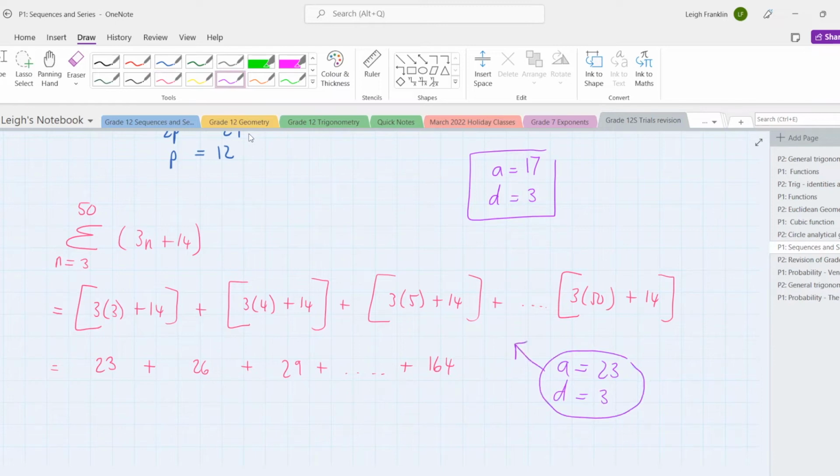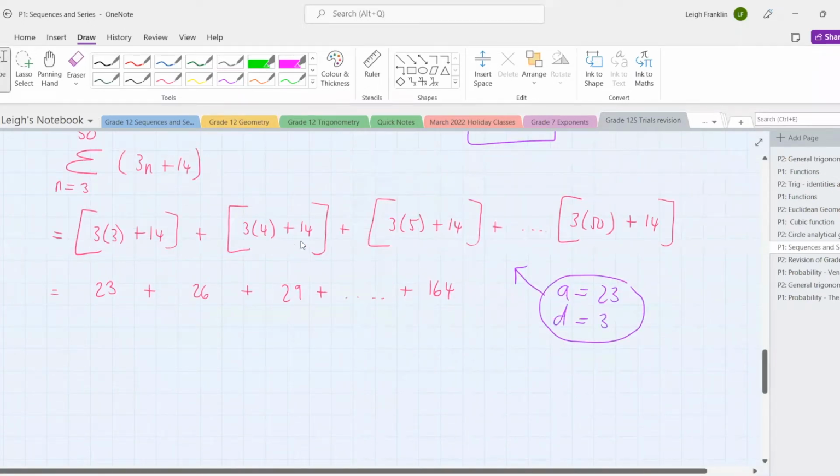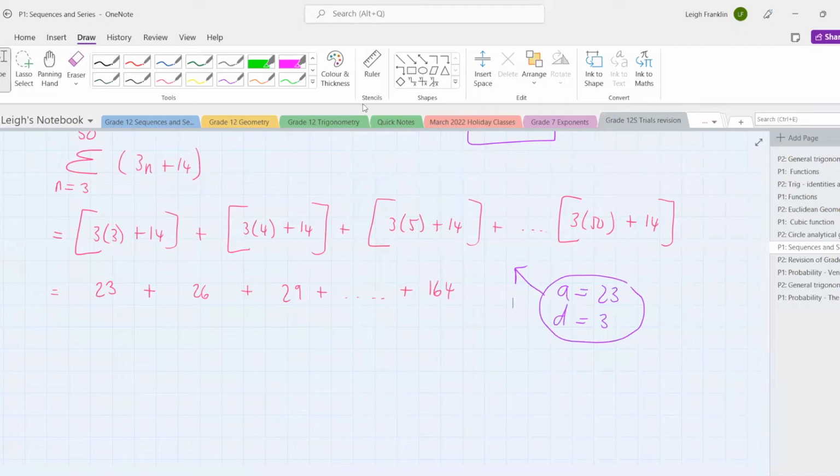Okay, so we don't need to work out what all the numbers in between are because now we're going to use a formula. What formula are we going to use? Does anybody know off the top of their head what the formula is? Go for it, Kaiser.